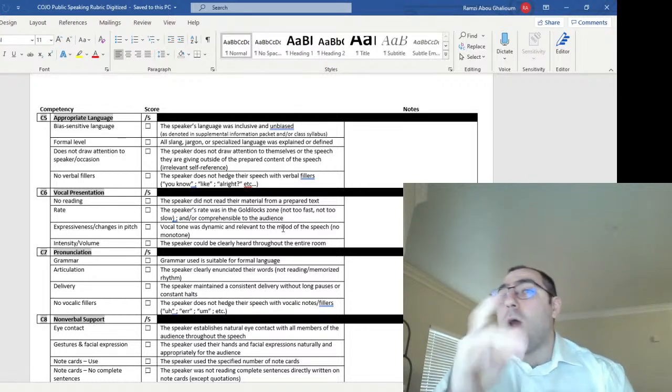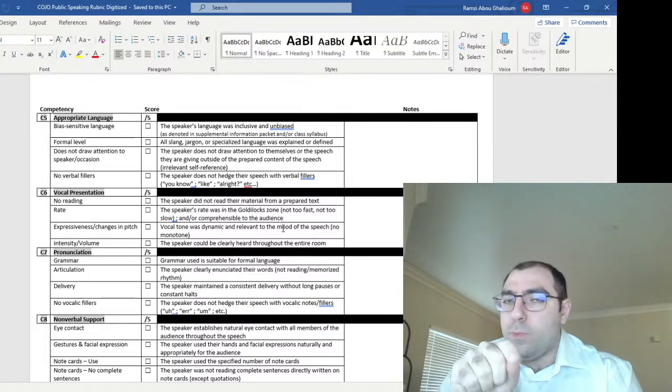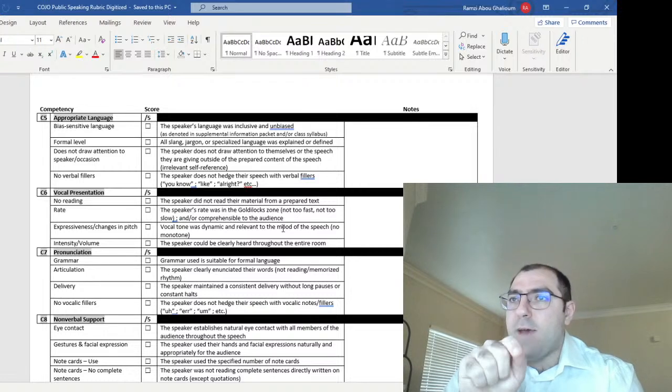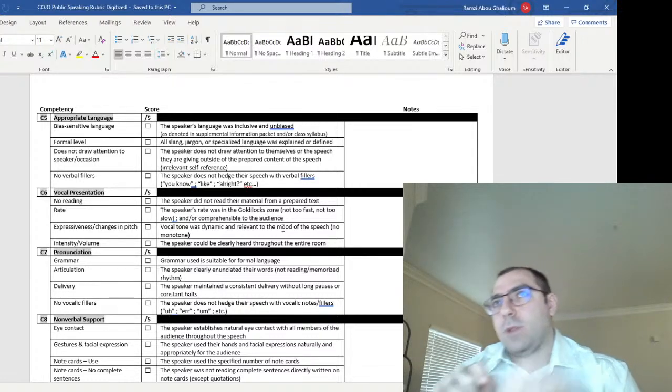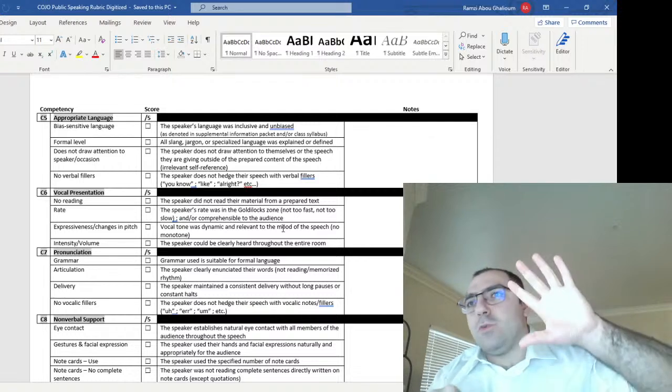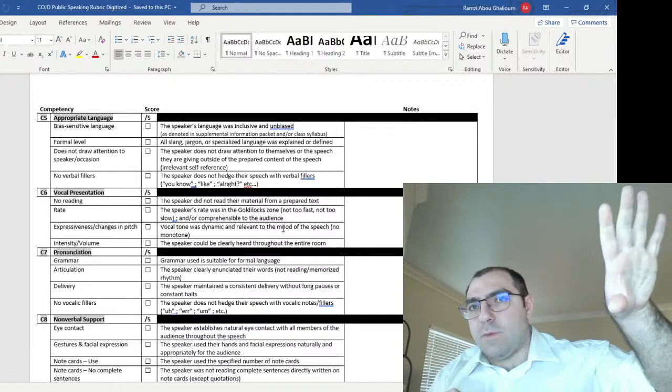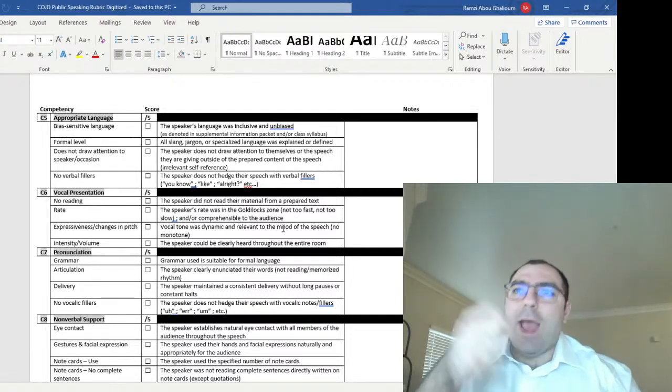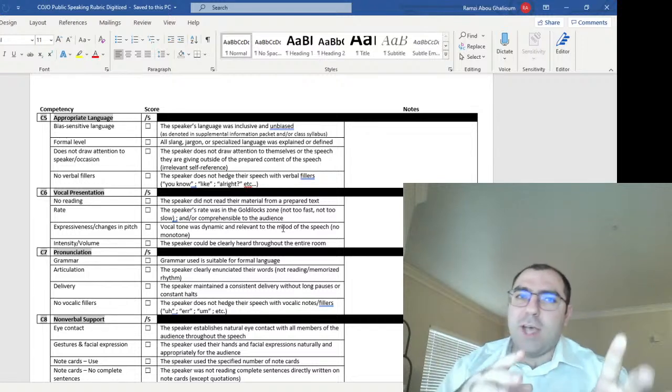Let me stress, by the way, the rubric that you guys are going to have is not going to look like this. This is my edited version because, like I said at the beginning of the class, the rubric in the supplemental information packet is meant to be printed and handwritten on. I digitized this.